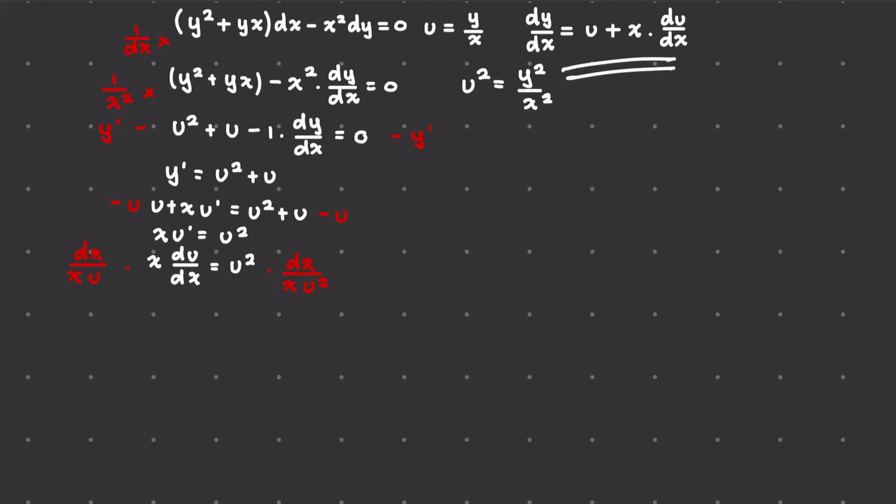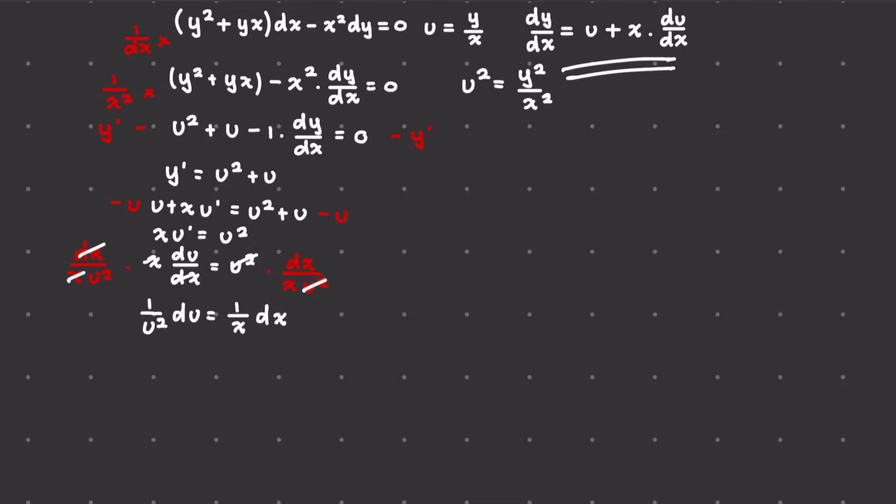After multiplying both sides, we can cross this one, cross this one, and cross this one as well. And it just leaves us with 1 over u squared times du equals 1 over x dx.